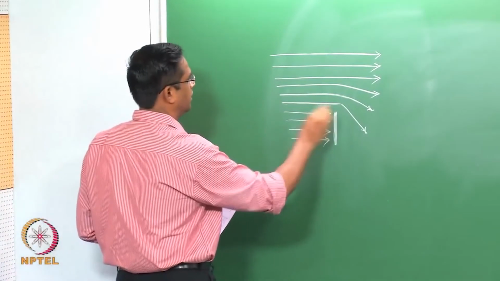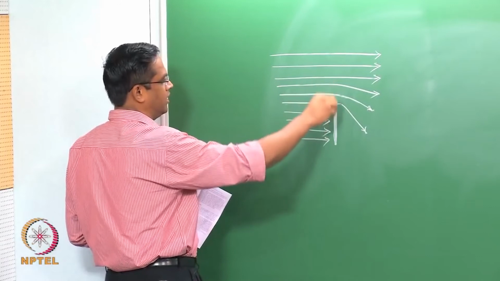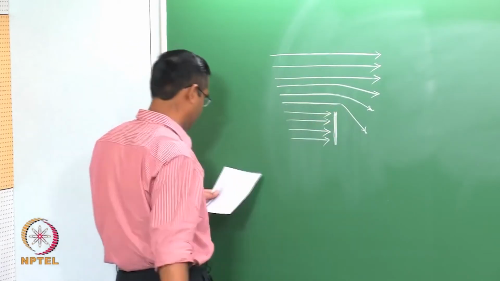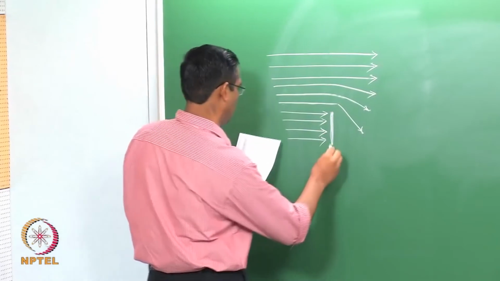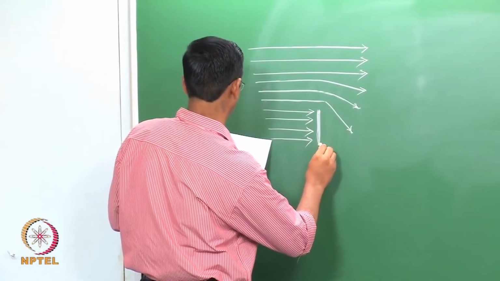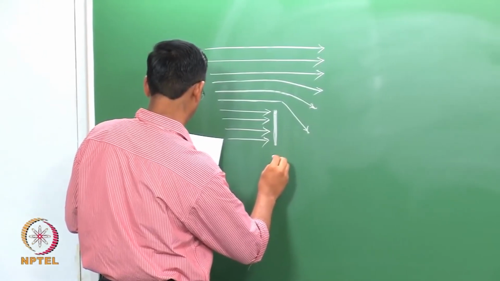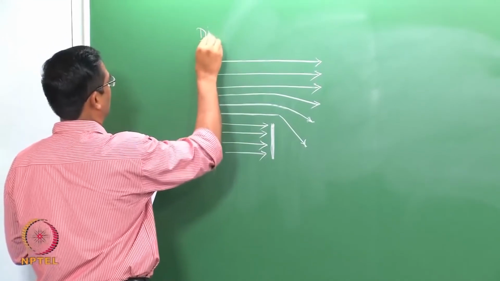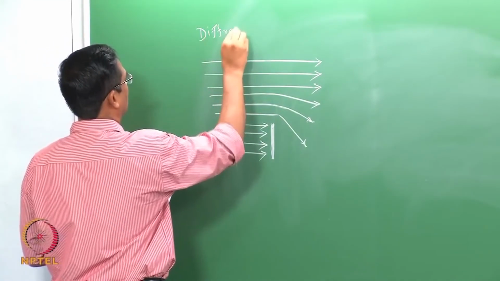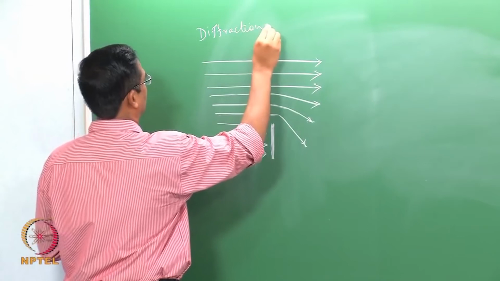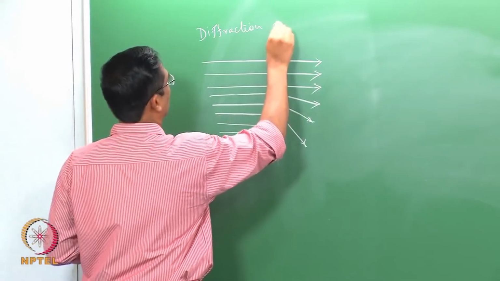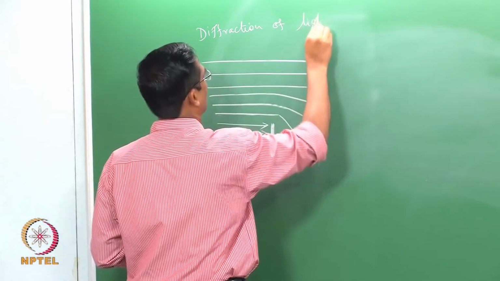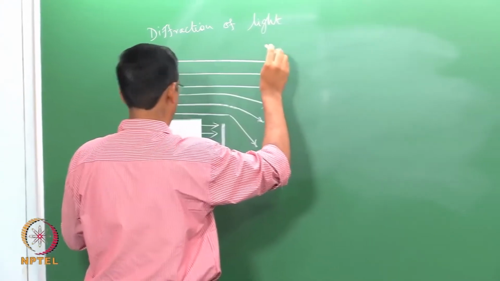So, this is when the beam of light comes and it exits through an edge like this, and then you have the shadow. Let me draw this. You write diffraction of light at an edge.